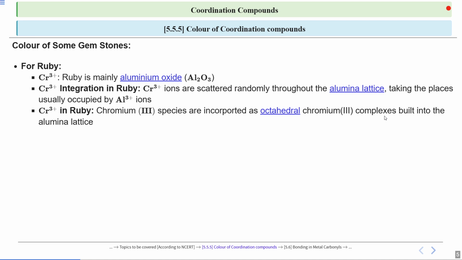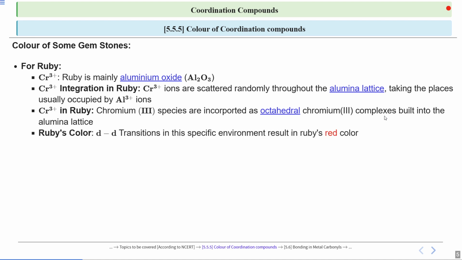This is how chromium 3 positive is going to be there in the ruby.